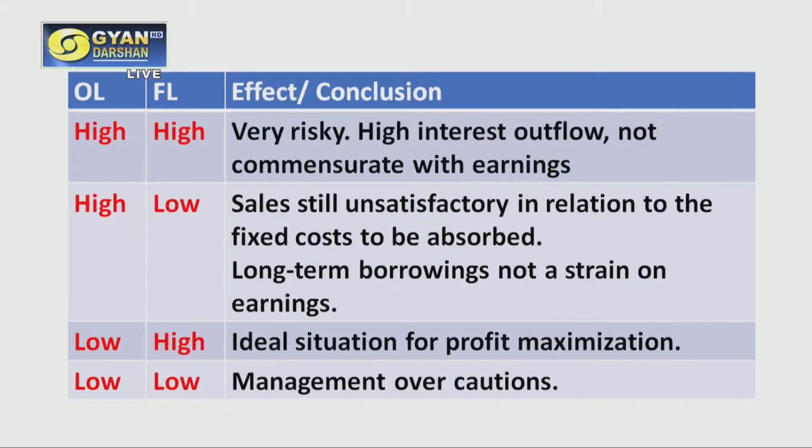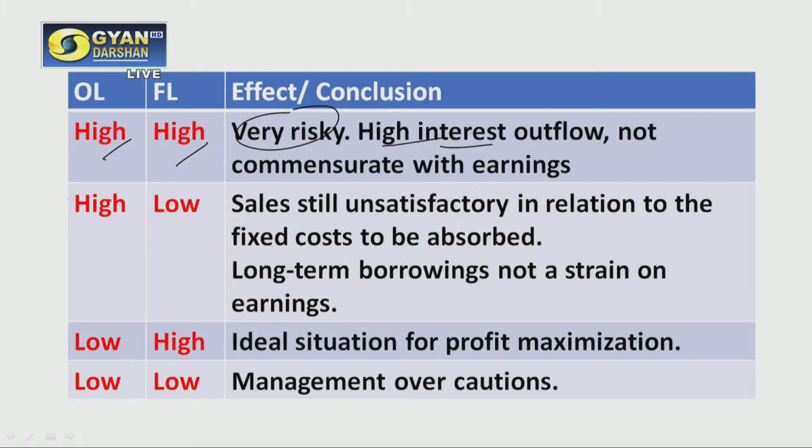This combined leverage may have an ultimate effect on our financial decisions, as we may combine these two types of leverages dealing at different levels, according to which we may reach certain conclusions. This may be reflected with the help of this table. When we have high operating leverage and financial leverage is also high, this situation is considered very risky, because we are dealing with high interest outflow and it is not matching with our earnings.